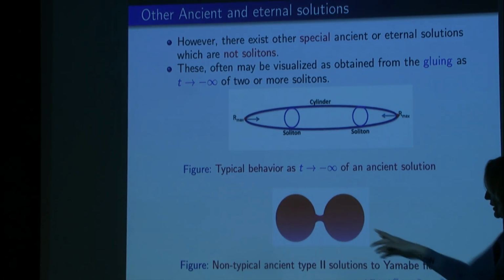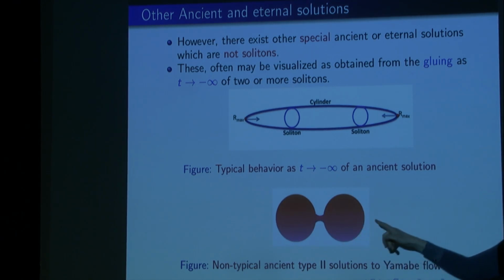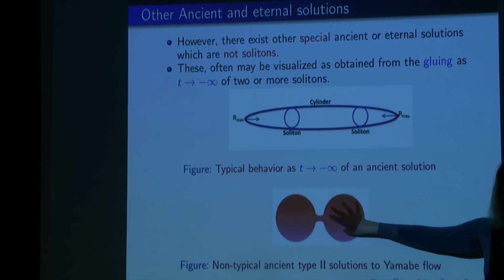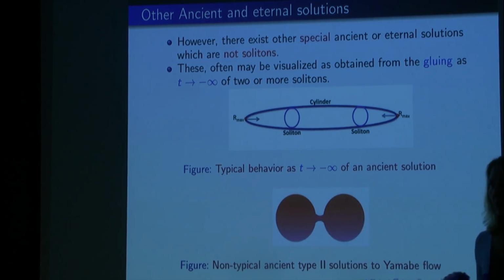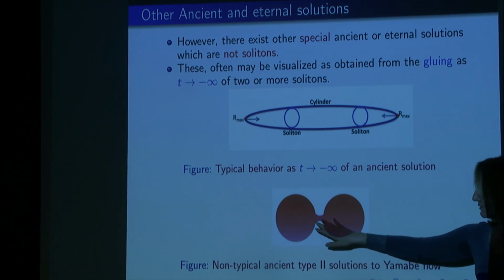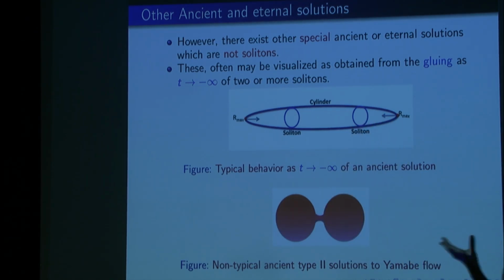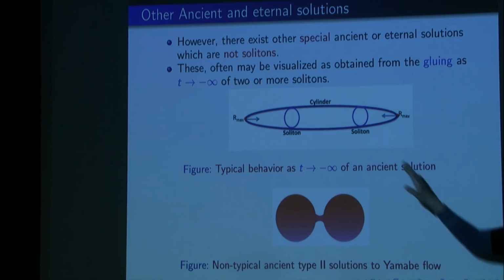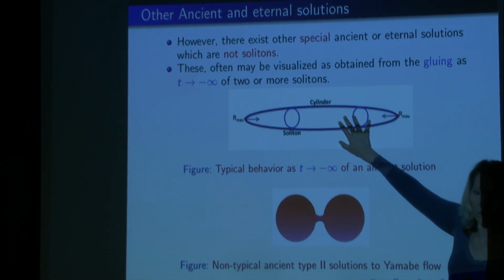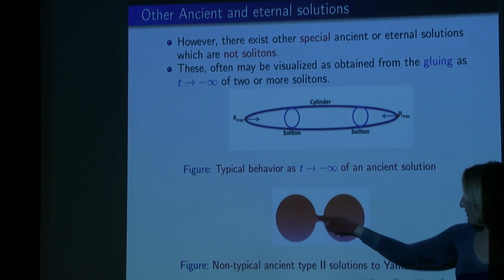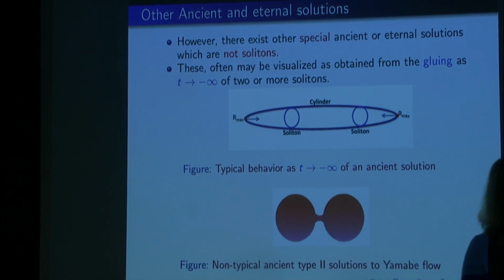And okay, sometimes we have also things like that. This appears in the so-called Yamabe flow. So you have spheres glued by very short necks. And these are kind of irregular examples. For example, here these things look very round, right? The curvature is always positive here. But here you see you have some negative curvature, some positive curvature.